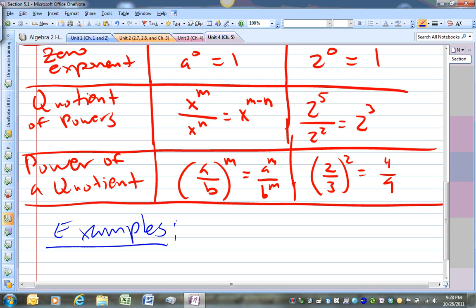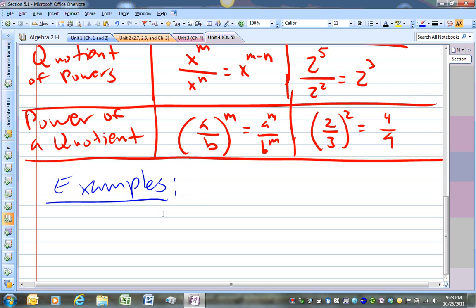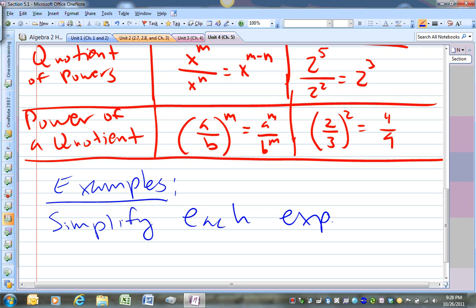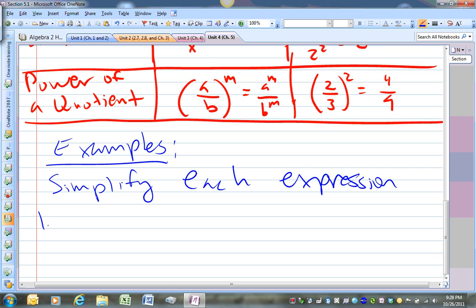And instructions for each example will simply be to simplify each expression. So we'll do a total of 6 examples.